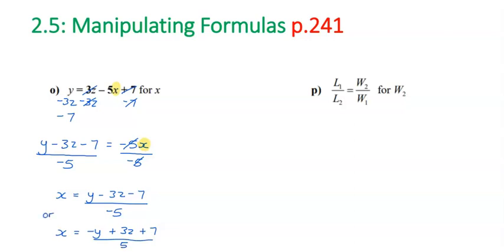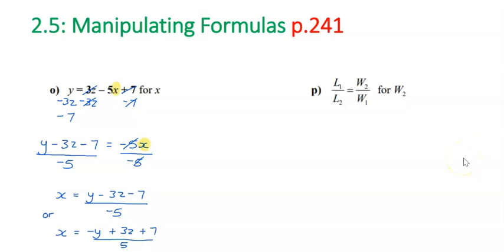Both of these answers are fine. It's just sometimes with our answers, it's a computer-generated answer. So I would be happy with the first answer, but that's why the book has that as a final answer.